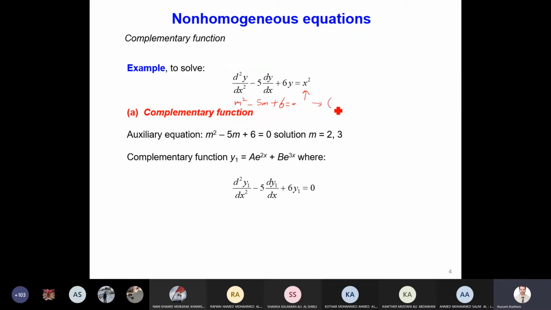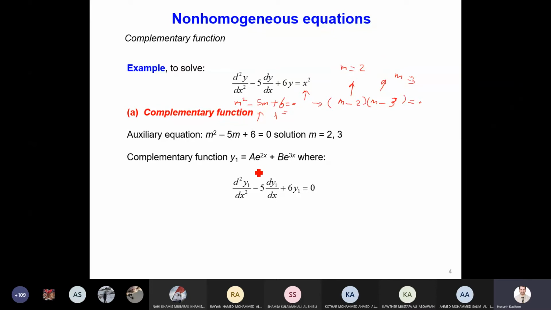We solve it by factorization or the quadratic formula. We have 6, which comes from 3 times 2, with plus here, but minus in the middle, so minus 2 times minus 3 is 6, and minus 2 plus minus 3 is minus 5. So m equals 2 and m equals 3, which tells me that the complementary function has two different real roots.